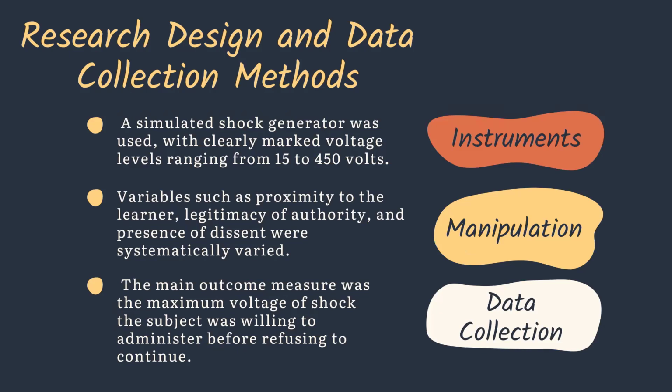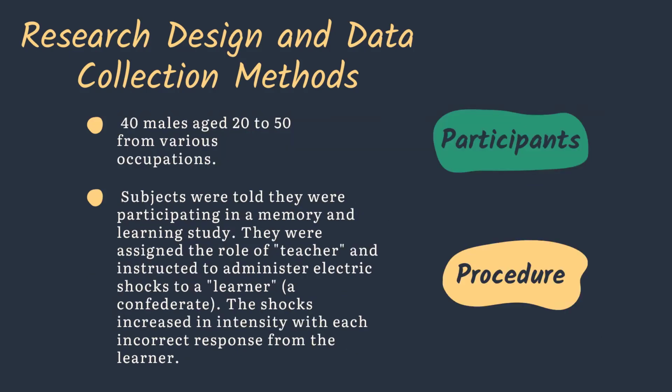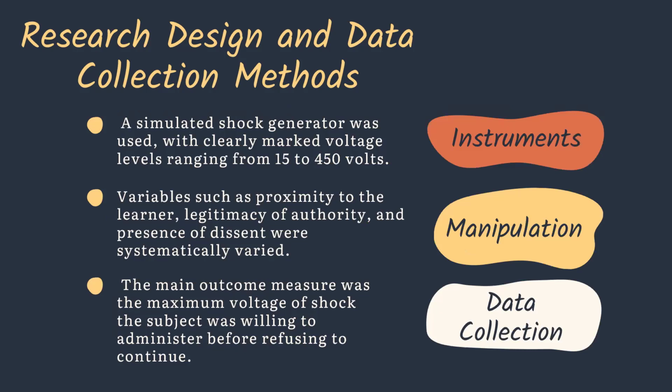Research design and data collection methods used. Let's talk about the instruments. A simulated shock generator was used with clearly marked voltage levels ranging from 15 to 450 volts. That was huge. And manipulation includes variables such as proximity to the learner, legitimacy of authority, and presence of dissent, which were systematically varied.